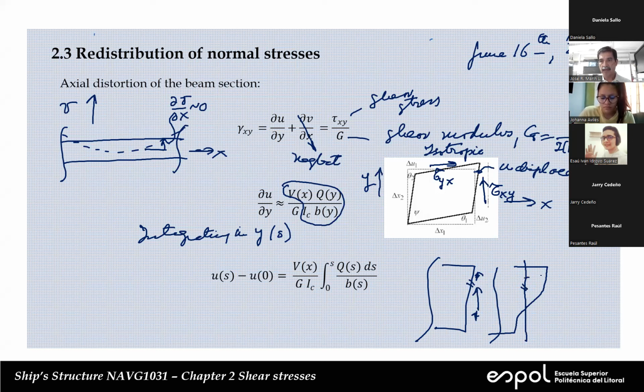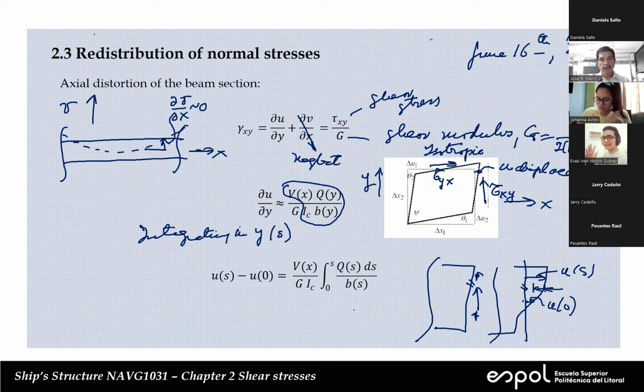Now we have here U at S, and this is U at 0. The vertical difference between these two is evaluated with this expression. So we have to integrate from here to here, and after this integration, this is the result.